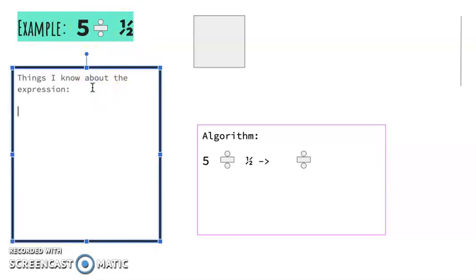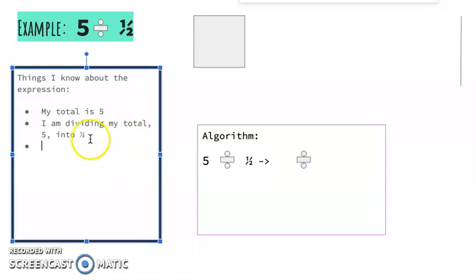So things I know about the expression. Well, I know that my total is 5. I am dividing my total, which is 5, into 1/2. Make this a little bigger.